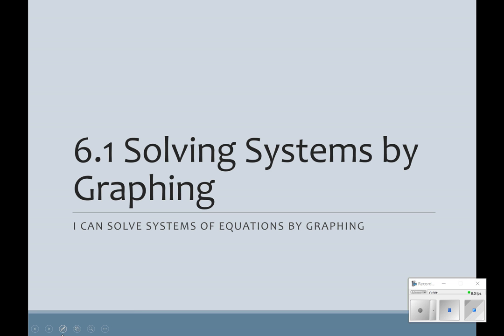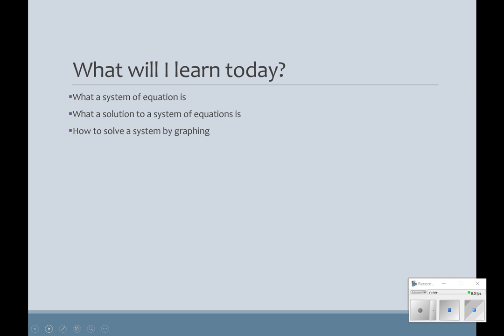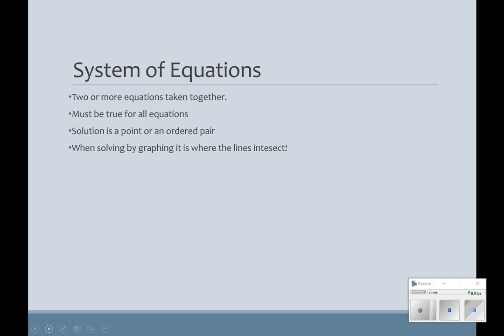So today we're going to start our new unit on systems of equations, and we're going to learn how to solve systems first by graphing today. We're going to learn what a system actually is, how we find the solution, and how we solve by graphing. So a system of equations is just two or more equations taken together.